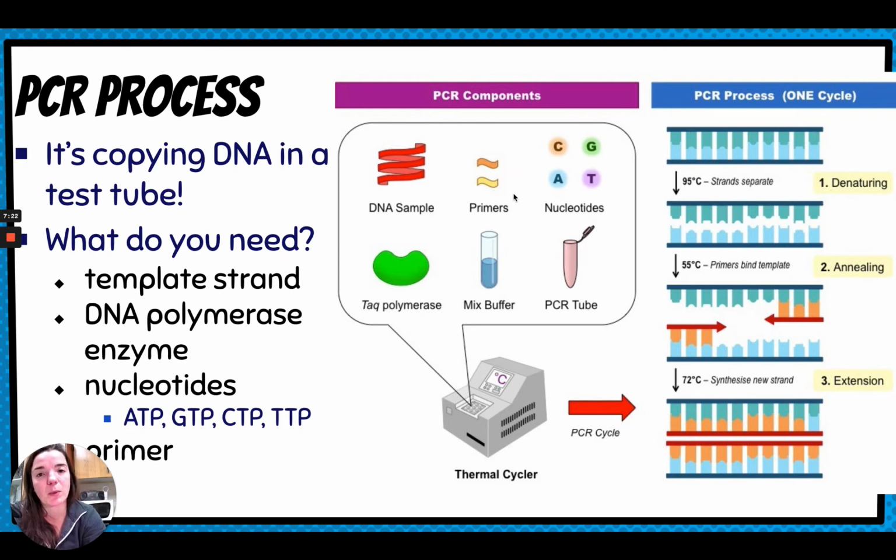So the same way that in a DNA replication frame of reference, you need a primer to start your DNA polymerase off, well, here you also need a primer. The one difference is in DNA replication you use an RNA primer.